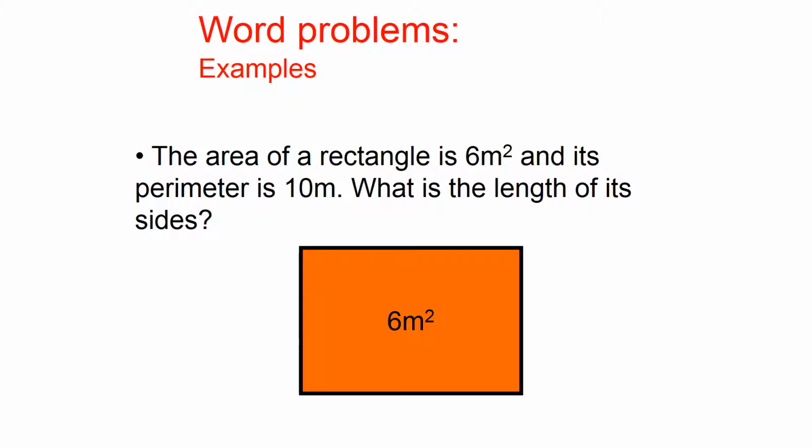Let's see if I can do that on the fly. No, I can't. Not off the top of my head, but we could rearrange this to get minus b squared plus 5b minus 6 equals 0.